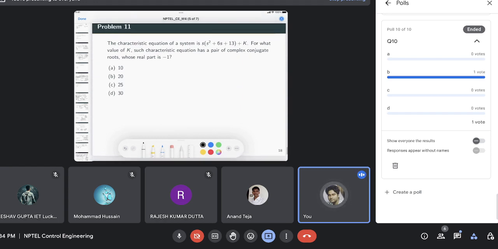Okay, so you have a characteristic equation. So what value of k? So again you have complex conjugate roots with real part -1.